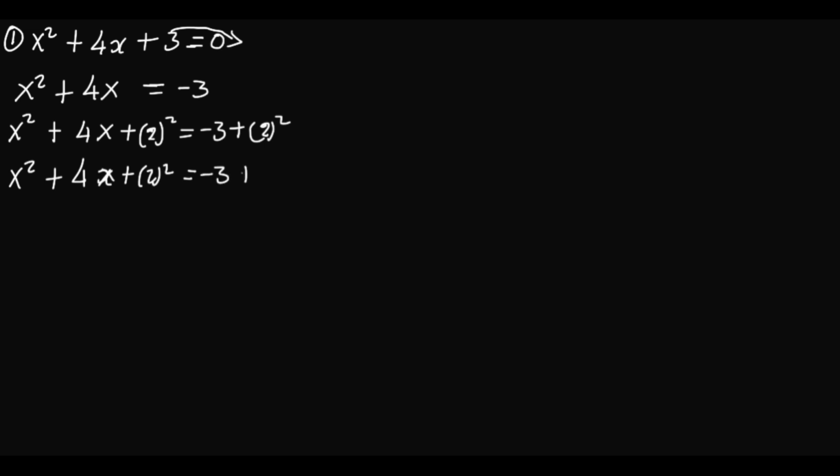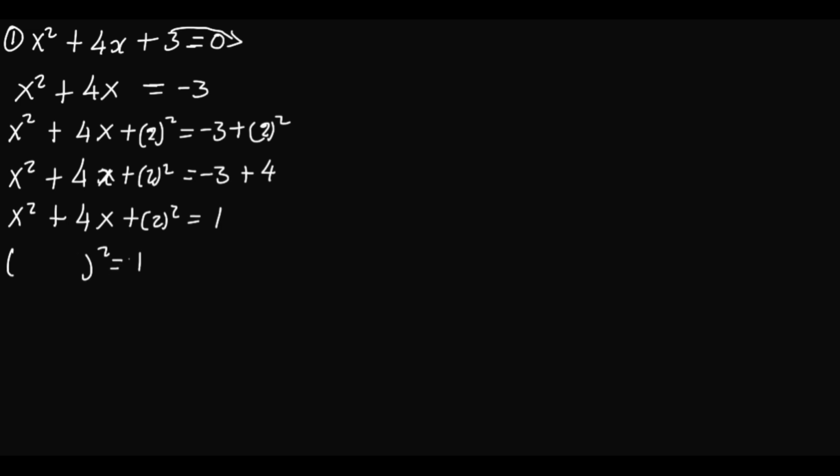So we know that 2 squared is 2 times 2, which is giving us a 4. So if we add negative 3 plus 4 is just positive 1. Now after reaching this stage, we can now open the brackets.